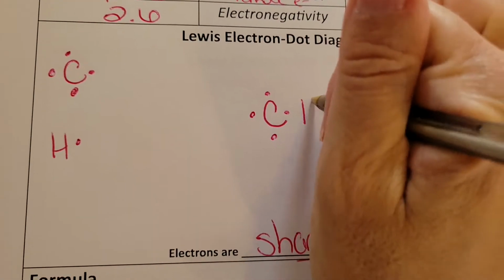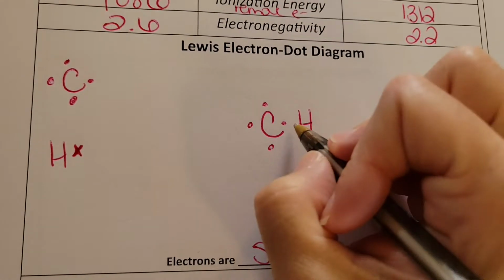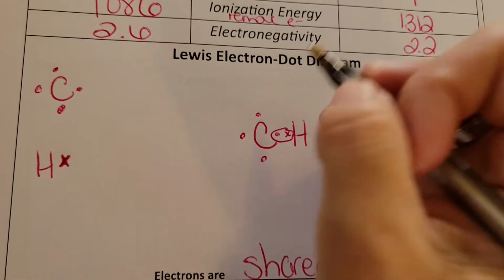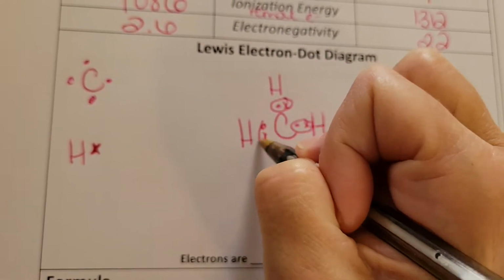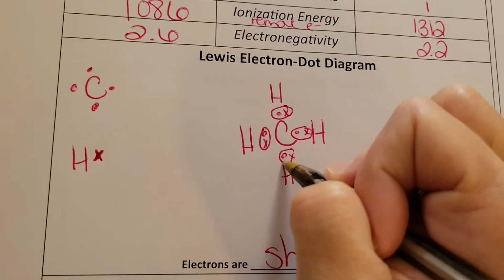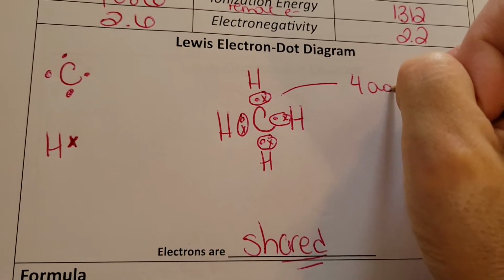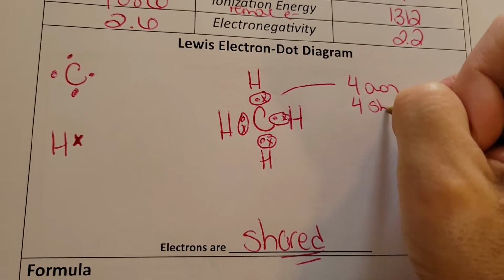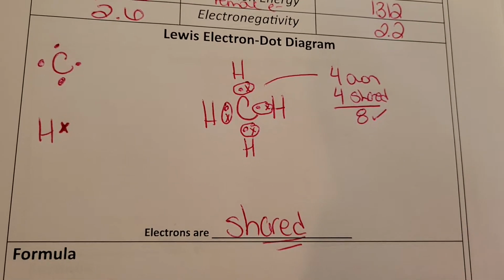If I put a hydrogen here, and a hydrogen here, and a hydrogen here, and a hydrogen here, carbon now has 4 of its own, and 4 that it's sharing. So the carbon has 8, it's happy.